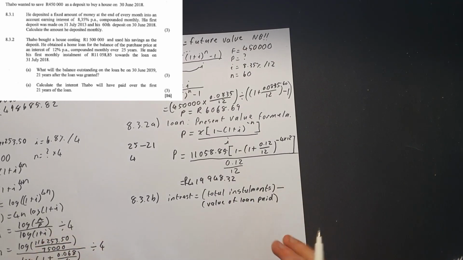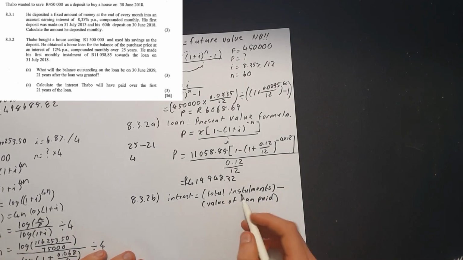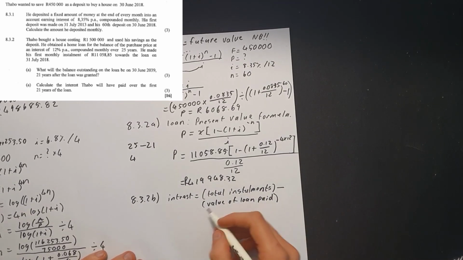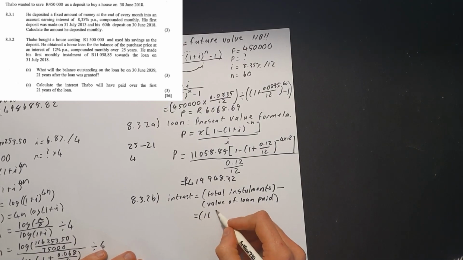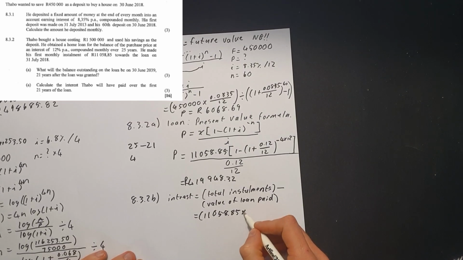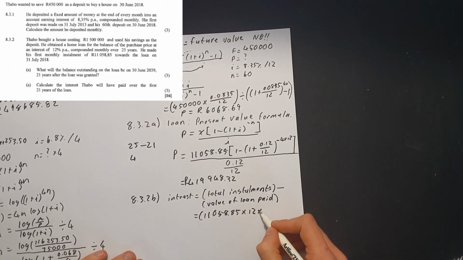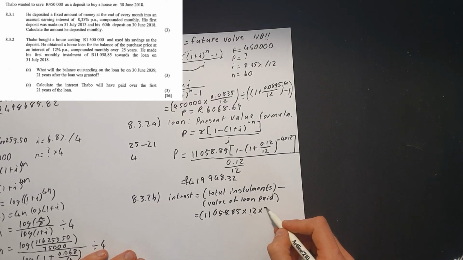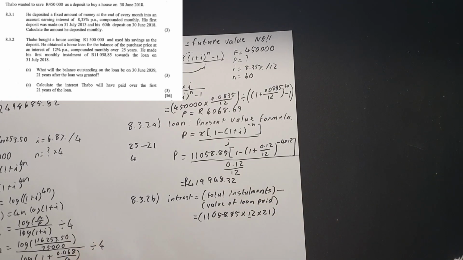What do I mean by that? Total installments, which we've done over 21 years. We're going to take the installment amount, which is 11,058.85, multiply it by 12 to get it into months, and then multiply it by 21 to give us the number of years that we've paid. So this is going to be how much the installments have been.